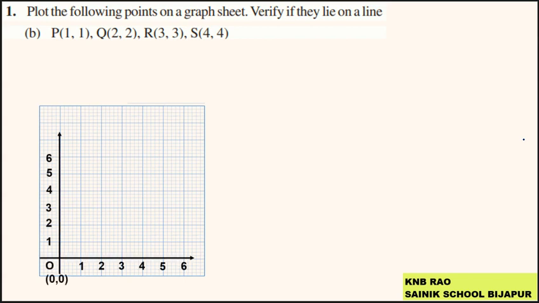After taking the Cartesian plane, we represent point P (1, 1). (1, 1) is point P. Next, point Q (2, 2), point R (3, 3): 3 units on the x axis, 3 units on the y axis, 4 units on the x axis, 4 units on the y axis. This is S (4, 4).